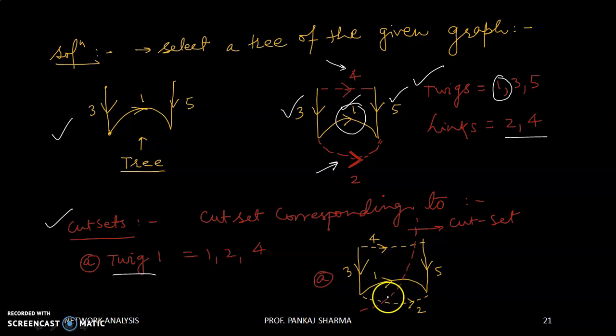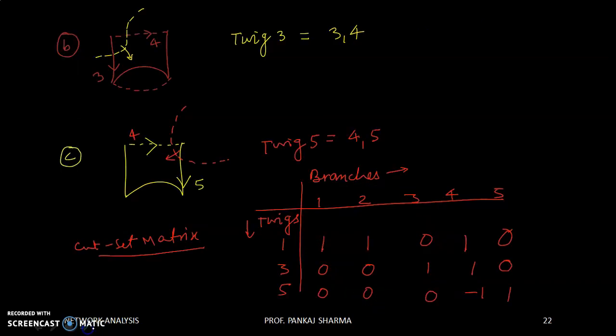If it is cutting twig 1, it is also cutting link 2 and link 4. And this is the orientation of the cut set. This is twig 1, and branches 1, 2, 3, 4 and 5. Now let us do it for branch 1 and branch 2, for twig 1.